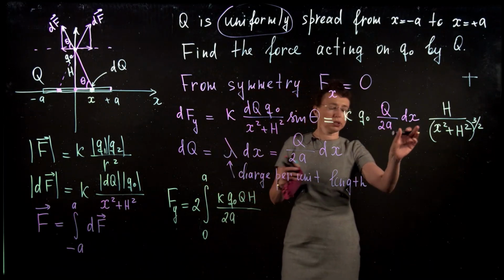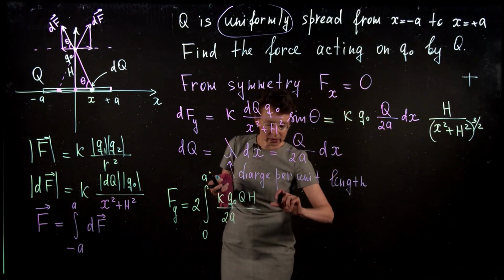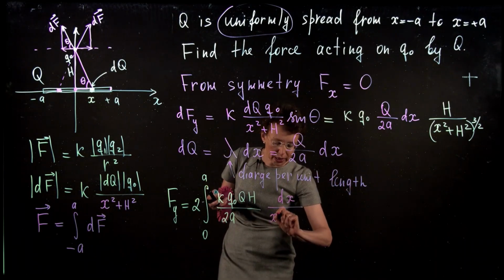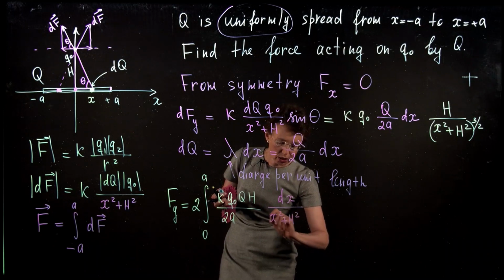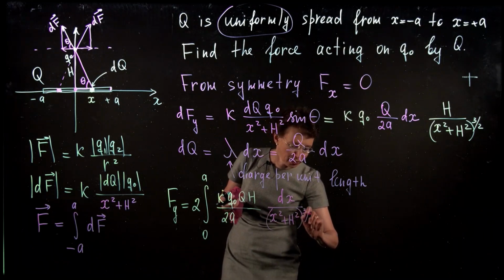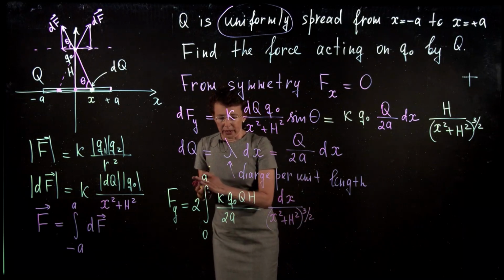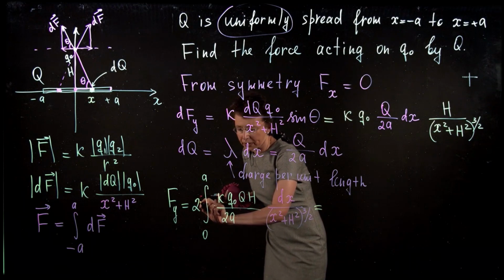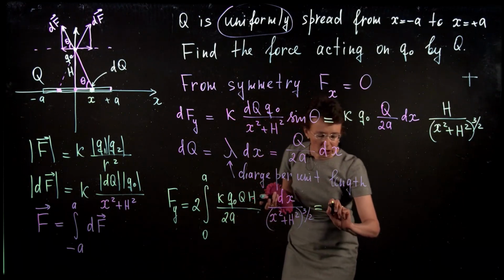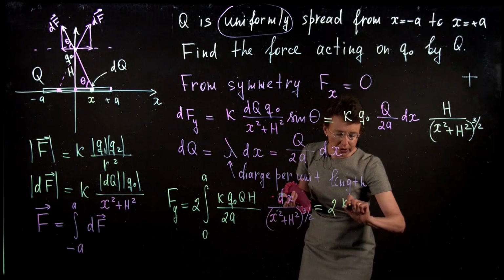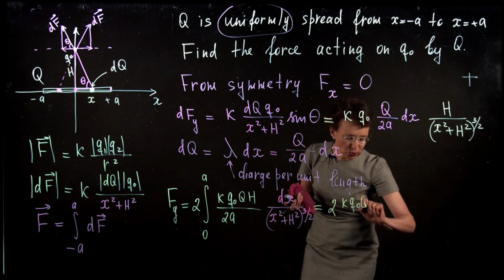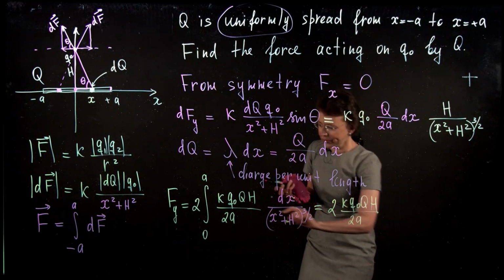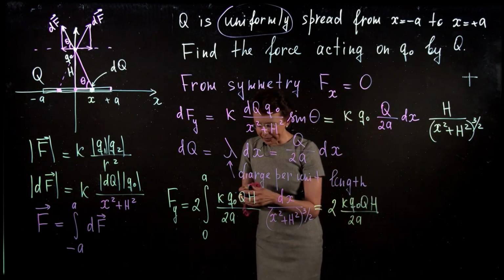And what I need to integrate will be dx over x squared plus h squared to the 3/2. This is equal to, we can simplify it. Oh, let's keep it. 2k q naught q h divided by 2a, constant, and then the integral.